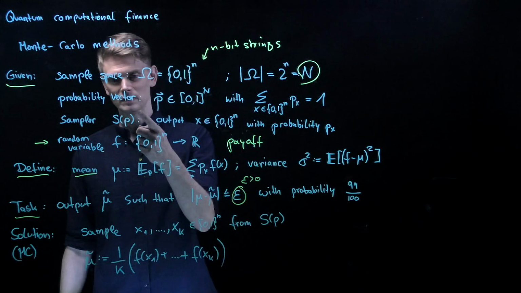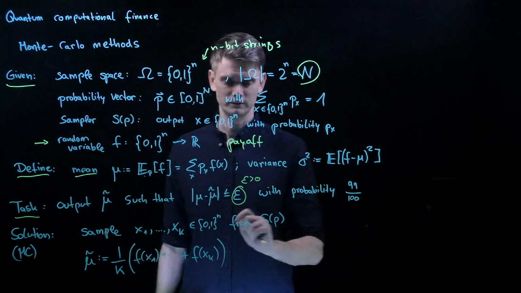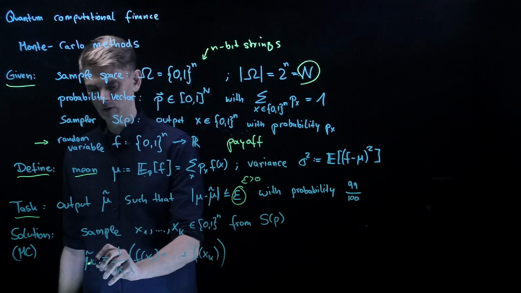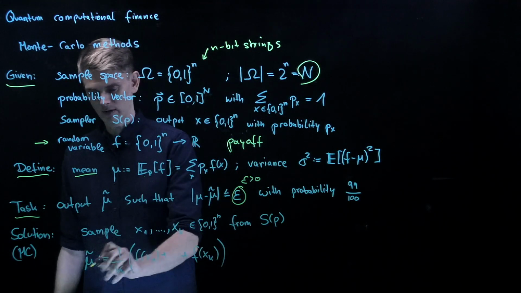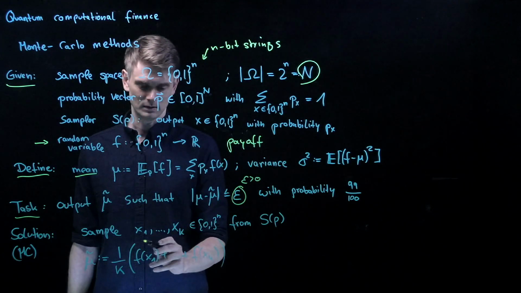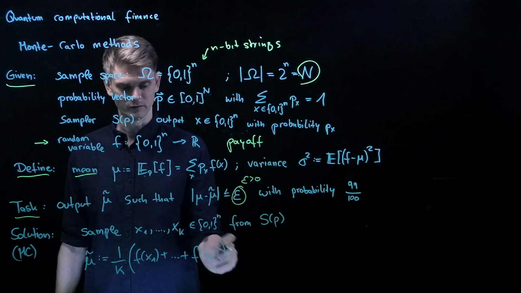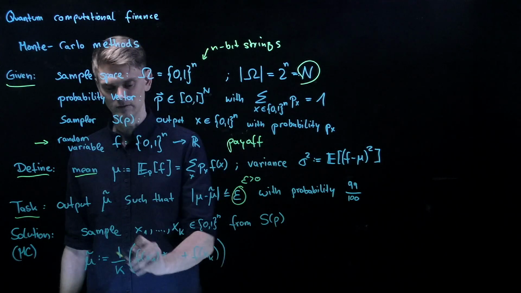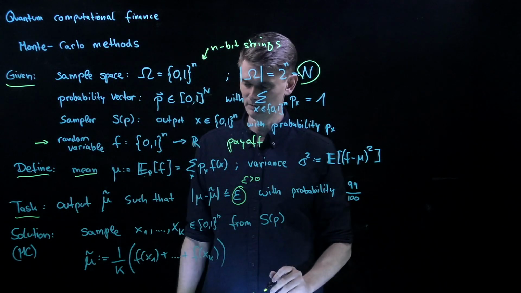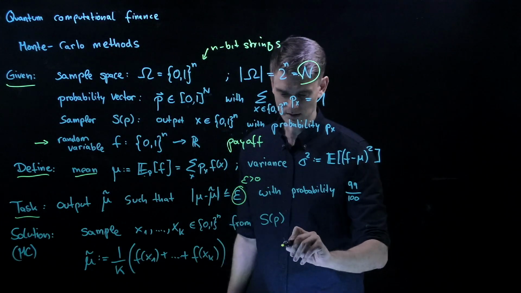We use our sampler to sample k bit strings and form our estimator for the mean, mu tilde. So we use our bit strings, evaluate the function for each of these bit strings, add them up, and divide by the number of samples. We can study this estimator.